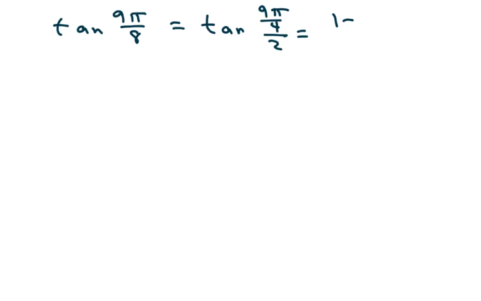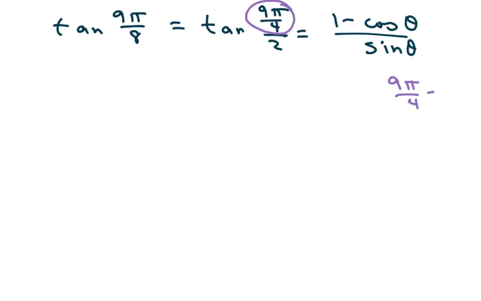And I'm going to use the simplified formula. You might also want to notice that 9 pi over 4 is coterminal with pi over 4. You just subtract 2 pi, which in this case would be 8 pi over 4, and you get pi over 4. So we know we're in quadrant 1, and I'll just write it as that.